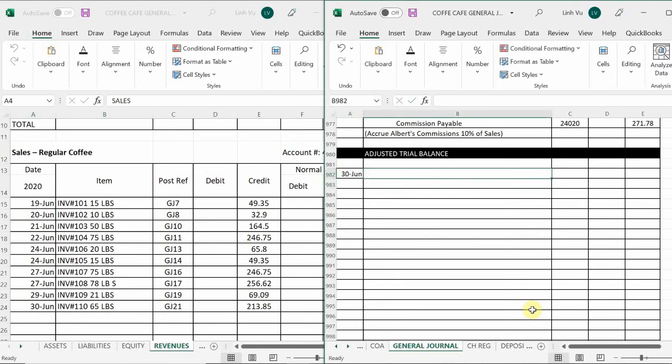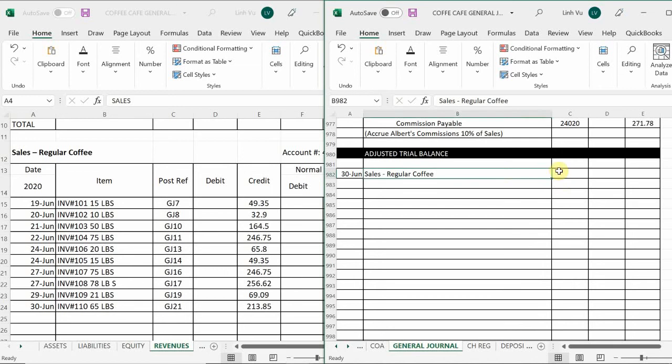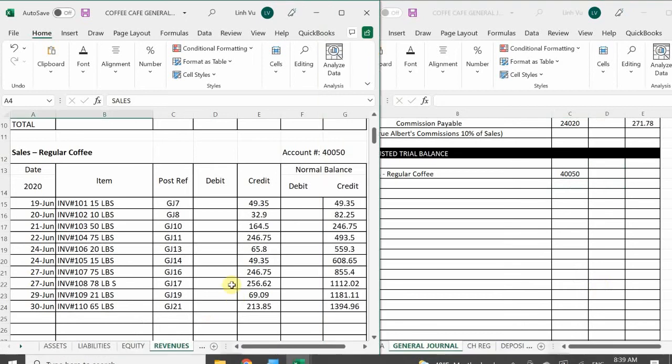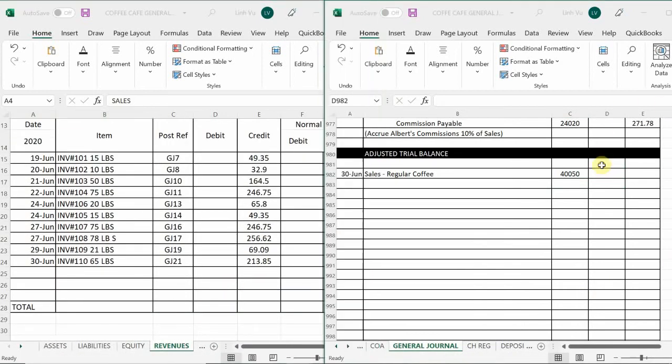First, we're going to debit sales for regular coffee, account number 450, for the amount of $13,94.96.